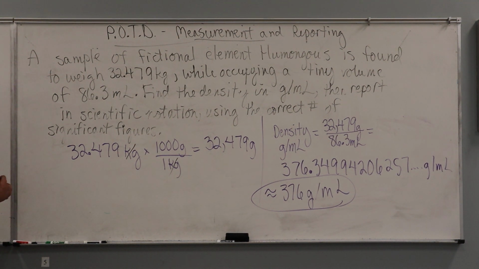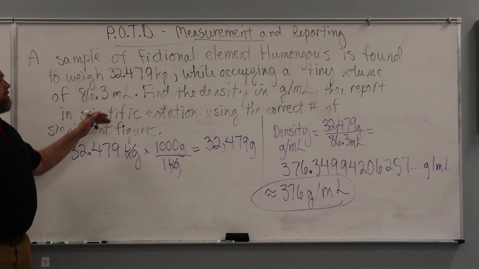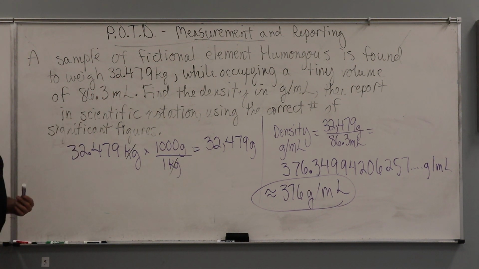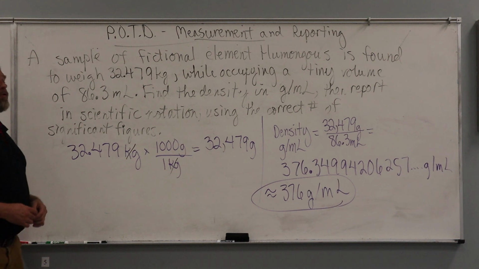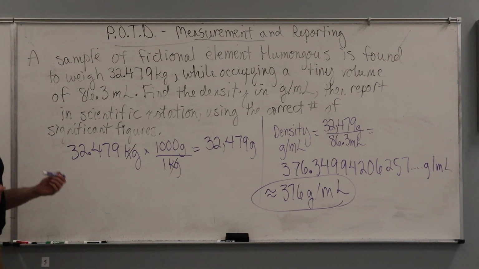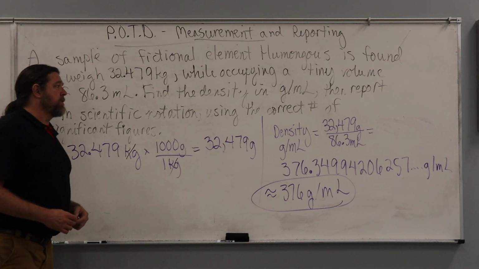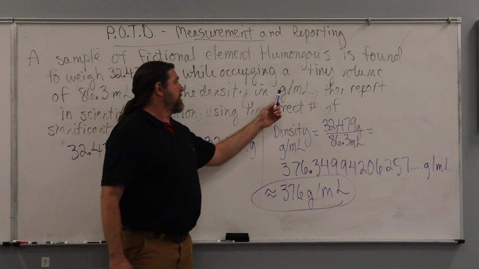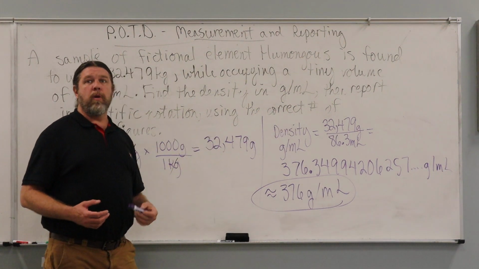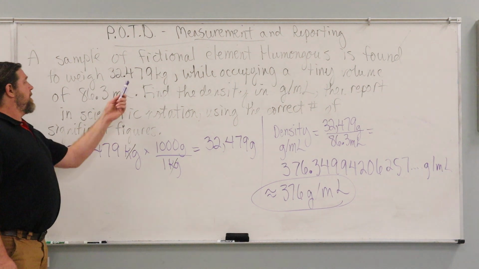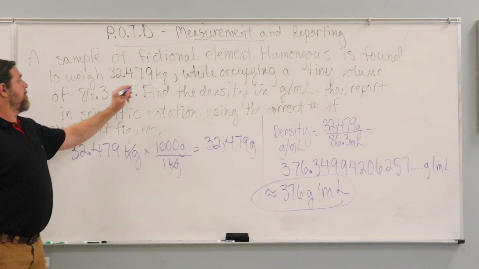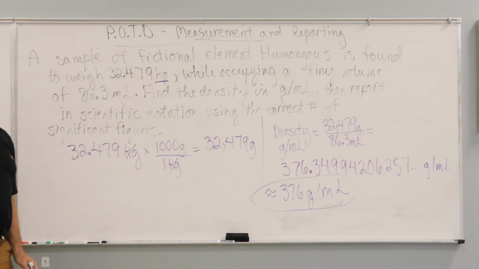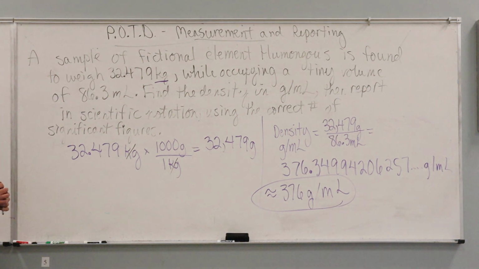So we have here a mass and a volume, and we know density is mass to volume, and there are different units that we can measure density, but most of the time in this class we're doing it as grams per milliliter, which gives us an initial issue we need to address: this is in kilograms, so we need to convert it to grams.